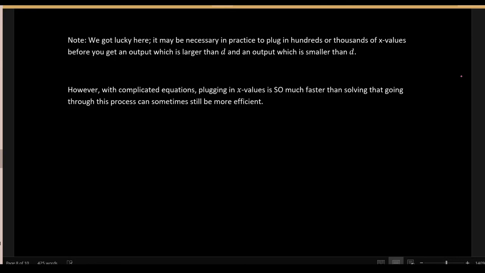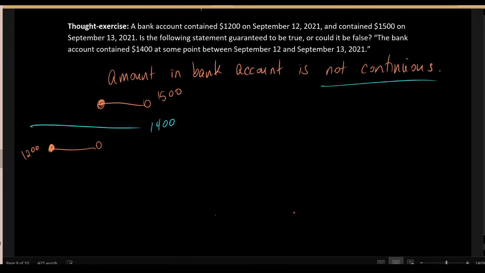It is so short by comparison that sometimes it's worth it to plug in hundreds or thousands or hundreds of thousands of x values into the equation until you get an output which is larger than the d value and another output which is smaller than the d value. That concludes today's material.